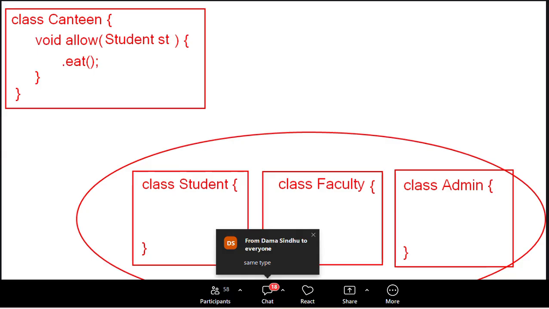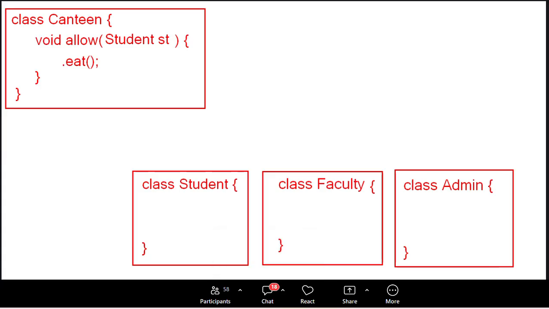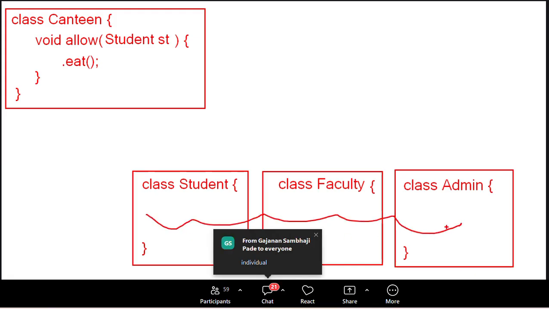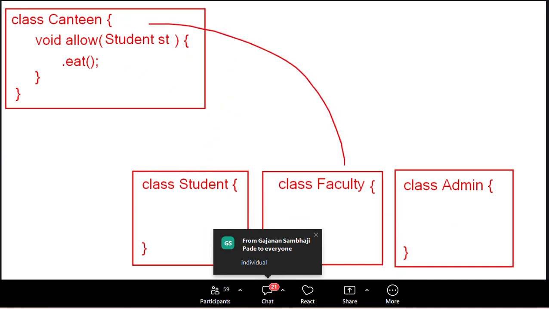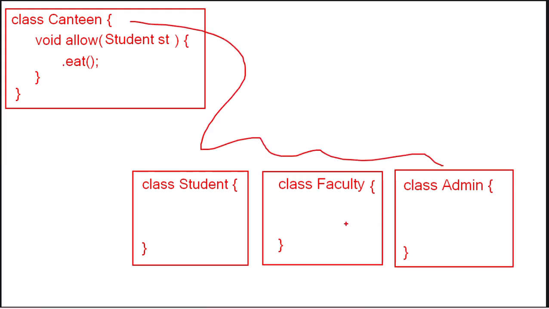Did you create all these objects as one group or individually? That means, have you developed inheritance? If I develop a program and create multiple objects of the same type without inheritance, then these objects have one problem. Tell me, is Canteen a user of all these objects, Student, Faculty, Admin?